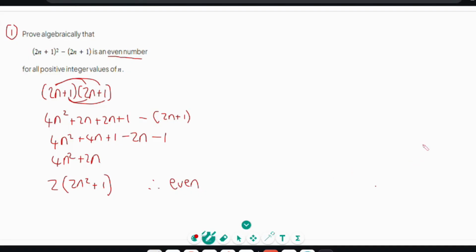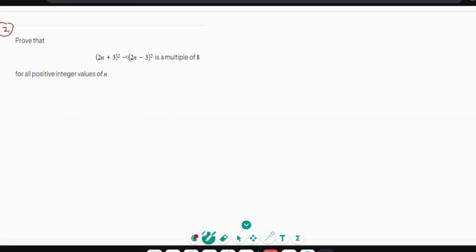Okay, we're going to look at quite a few questions as examples. Question 2, another example. Again, let's be careful of this subtract. Let's expand our brackets first of all. We're going to write both as a double bracket.